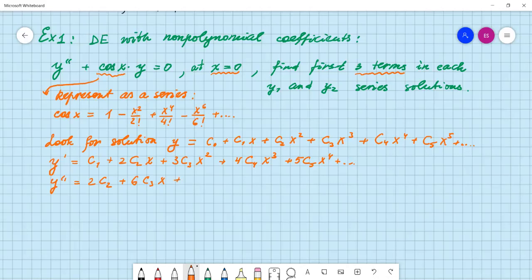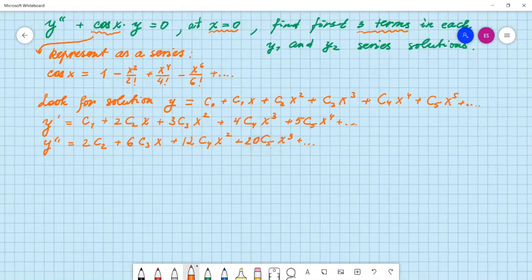Here I'm going to have 4 by 3 is 12, right? C4x squared, and 5 by 4 it's 20, C5x to the power of 3. So that's my second derivative, and I'm ready to plug everything into my equation. Remember that cosine is going to be plugged as a series too.